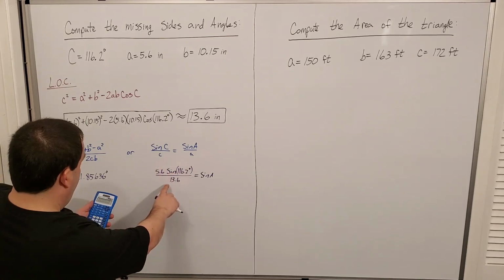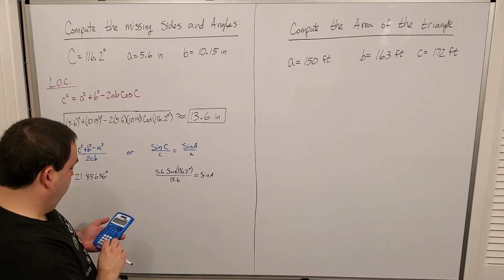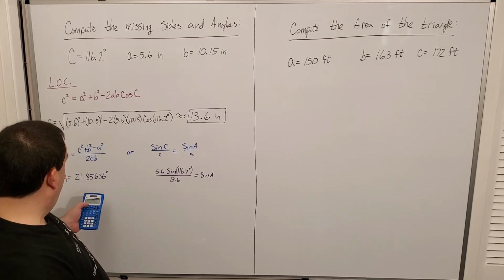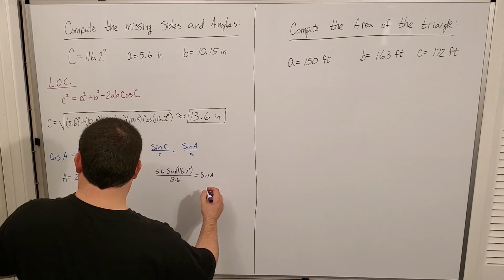I get this side is 0.36945. I'm going to do an inverse sine. And lo and behold, I get 21.68 for A here.